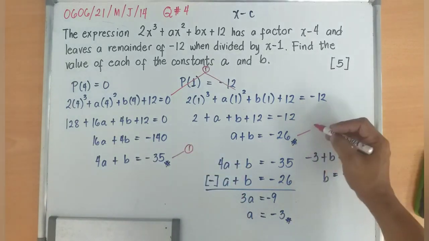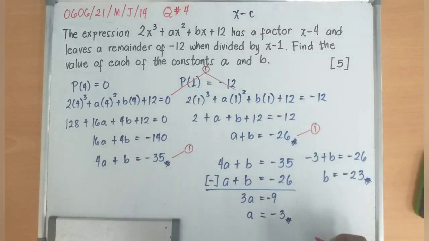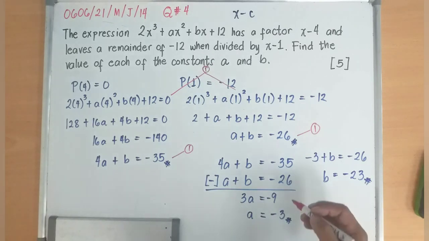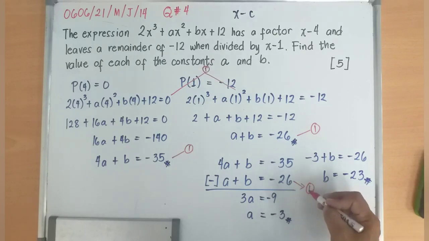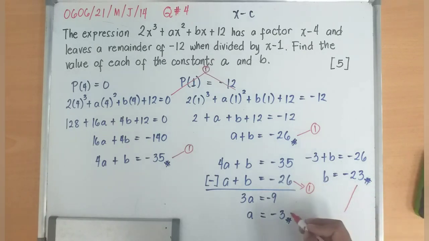You will get 1 mark for the second equation. You will get 1 mark for the solving of the linear equation. Okay, this part. And you will get 1 mark for this. A total of 5 marks.